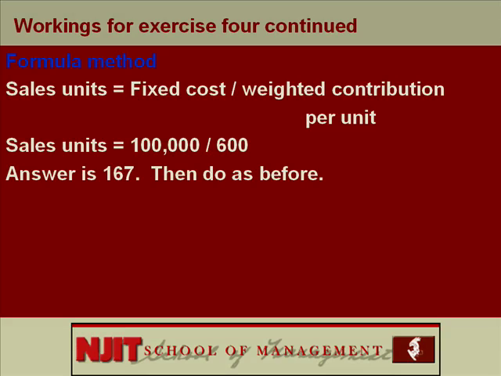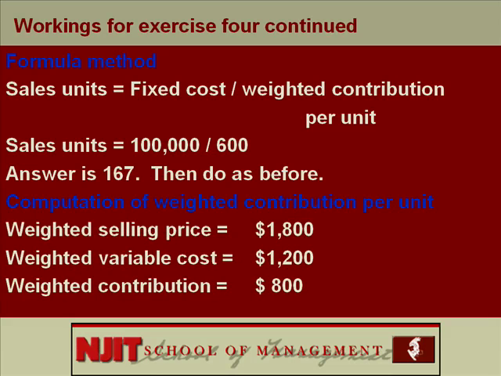The stereo is 167, and the TV has to be double that, 334. How did you figure out computation of weighted contribution per unit? One more time. Here it is. The weighted selling price is 1800. The weighted variable cost is 1200. The weighted contribution is 600.